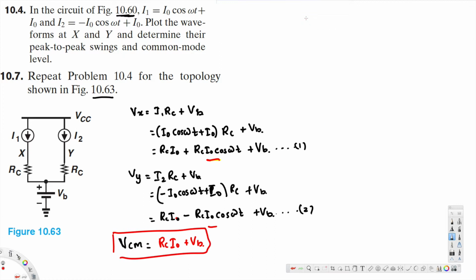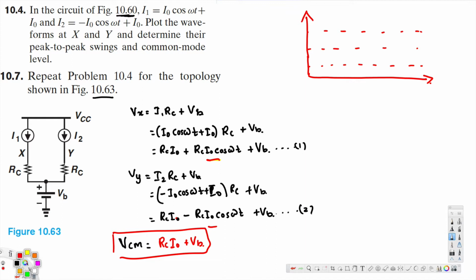Now let's go ahead and draw the graph. Okay, the graph is going to look like this.